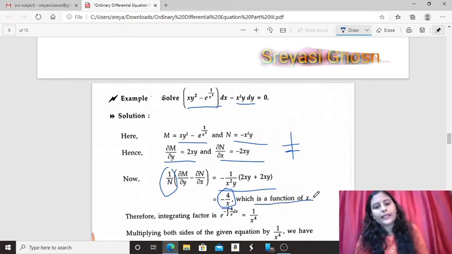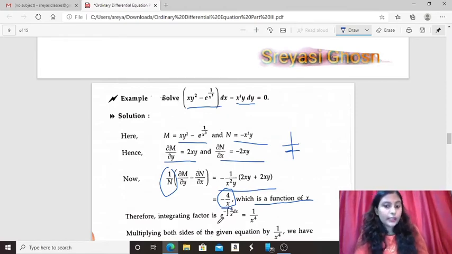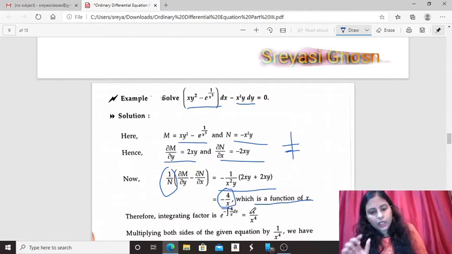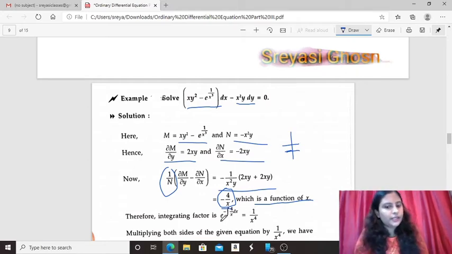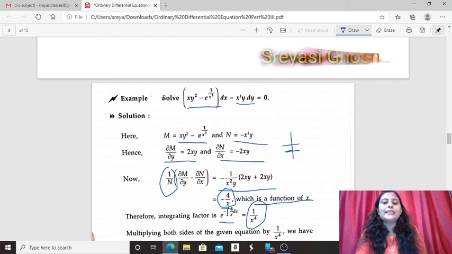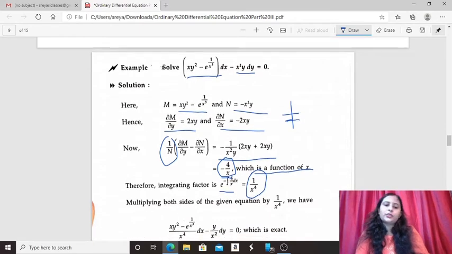No term of y is present there. We have to consider the sign as well. So minus 4/x as a whole is a function of x, and the integrating factor will be e to the power minus ∫4/x dx. Simplifying, we get the result as simply 1/x⁴.